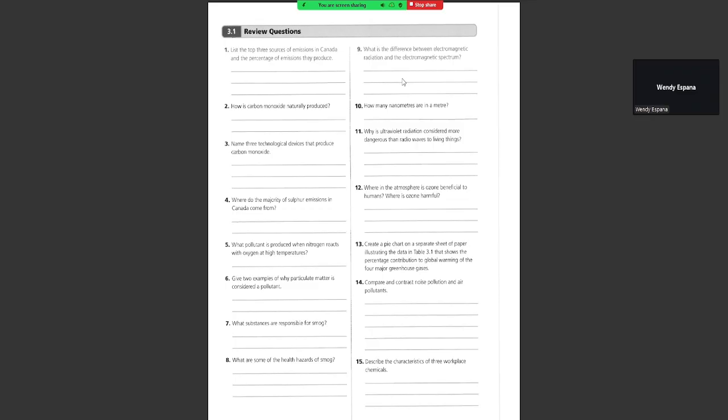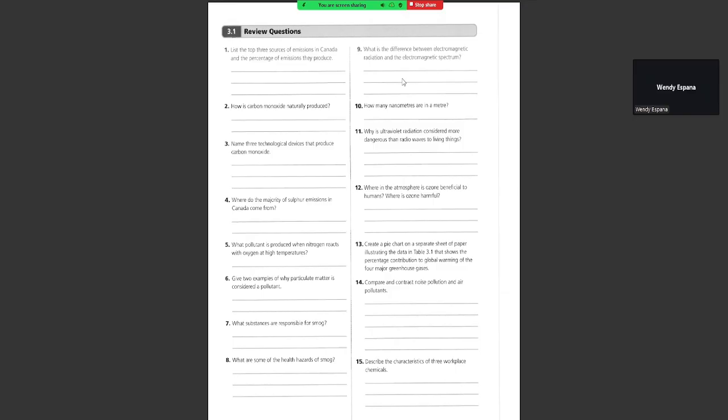And we go right over to number 12. And we've gone through this many times, and I think you'll have no problem answering this without even having to go back and review. It says, where in the atmosphere is ozone beneficial to humans? Which part of the atmosphere is it beneficial? And where is ozone harmful?